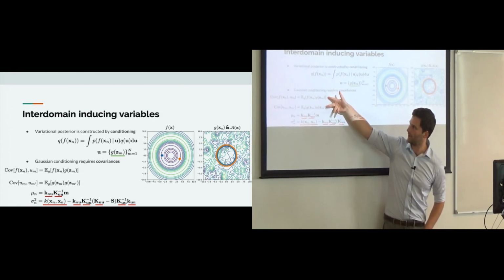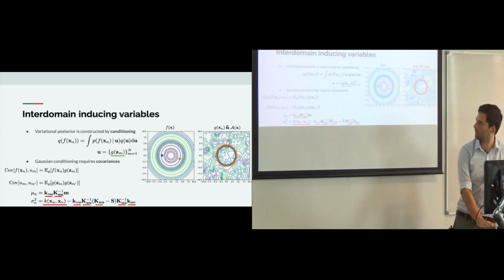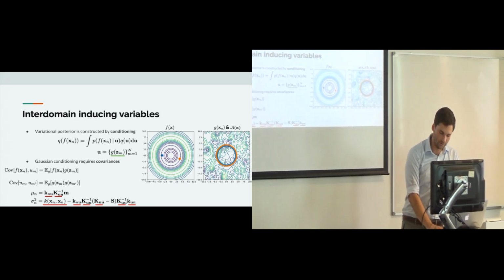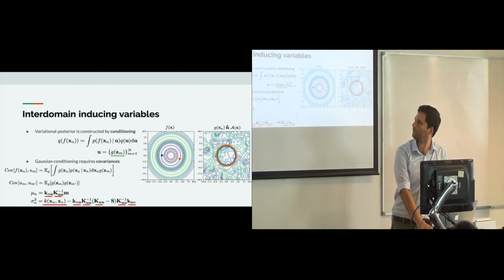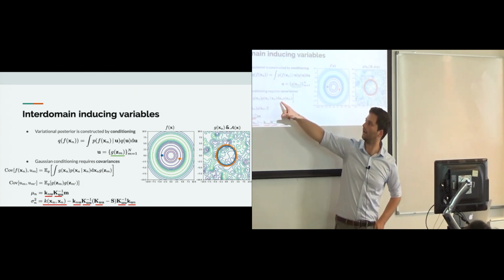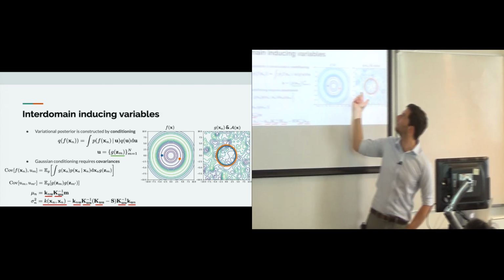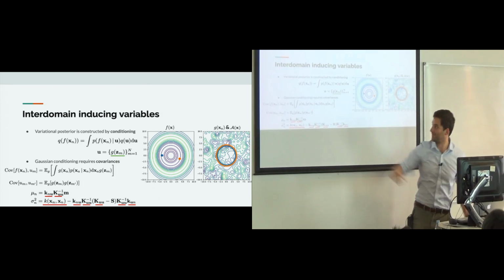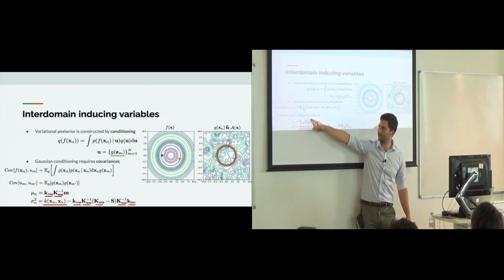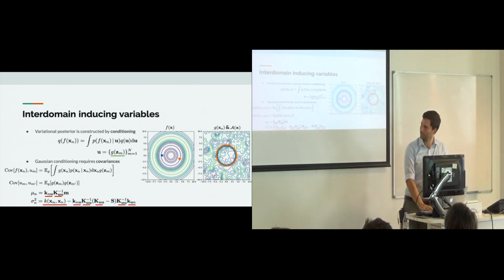So we can derive those covariances in the usual way by taking expectations over the construction, just like T did in the first part of the talk. And we actually find that it's a single integral for the covariance between the non-invariant function and the invariant function. And there's no integral in the covariance between the inducing points themselves.